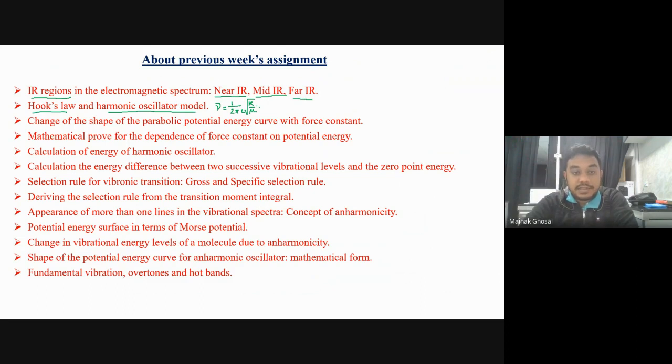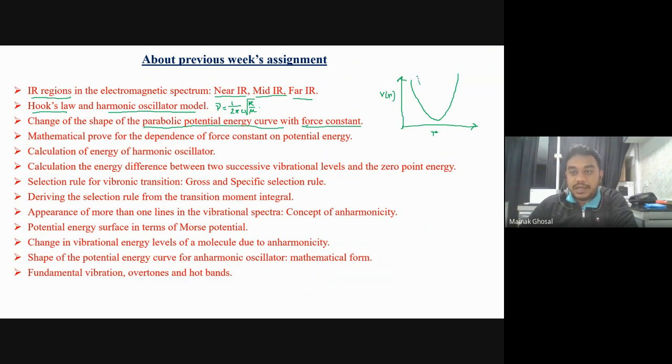Then there was a discussion on how the parabolic potential energy curve changes with force constant. Suppose this is my potential energy V of R, and this is my R. If the parabola was like this, what will happen if we increase K?